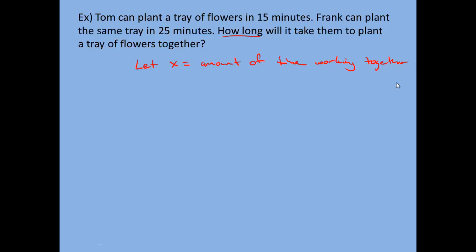And once I'm here, I'm actually going to set up a chart. In the chart, I'm going to have a row for Tom and a row for Frank. And the columns of my chart are really going to be based off of the fact that if I take the rate times the time it takes someone to complete a task, that'll give me the part of the task they completed.